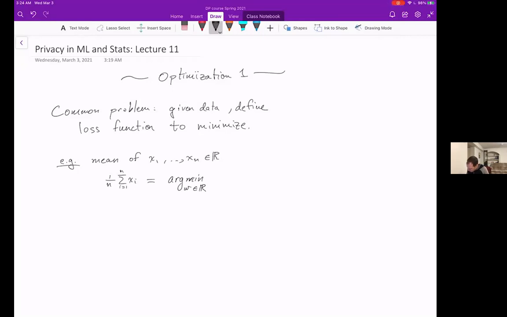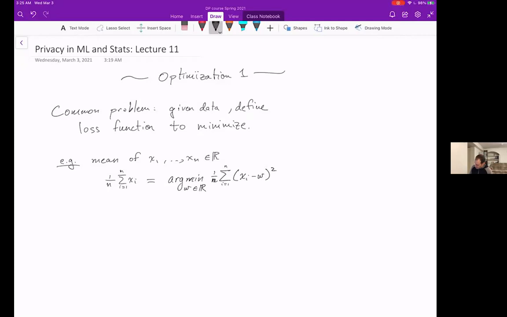It is the number that minimizes the sum from i equals 1 to n of (xi minus w) squared. For convenience later, we'll often define this type of function with a 1 over n out front to make it more of an average than a sum.